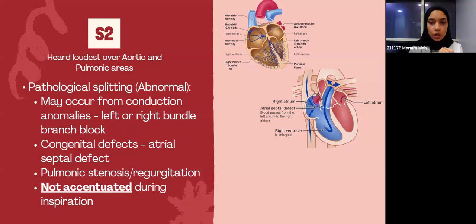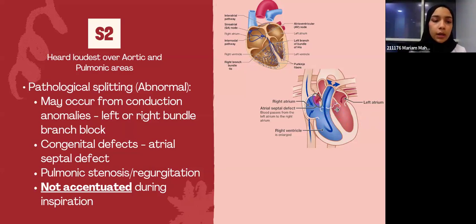So now you have a higher volume in the right ventricle, so it will take a longer time to empty to the pulmonary arteries. So it will cause the pulmonic valve to close later than the aortic.